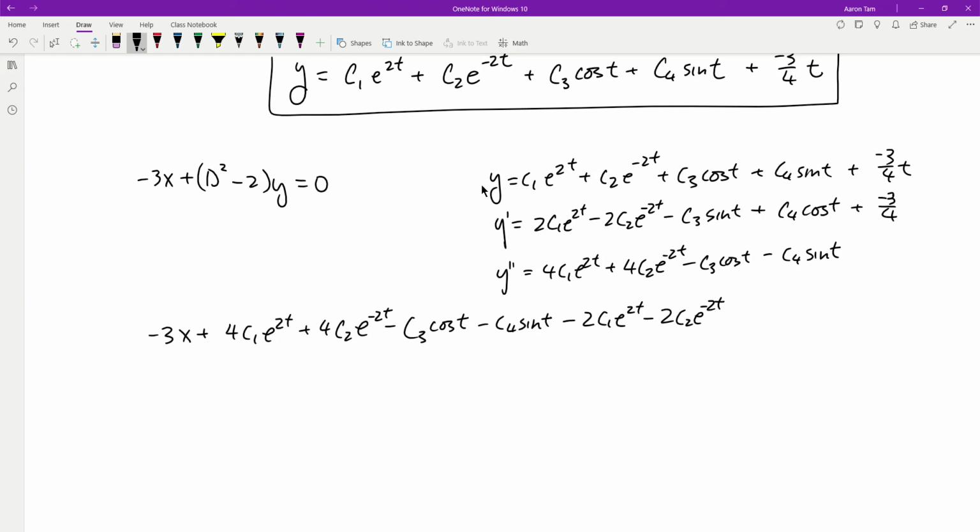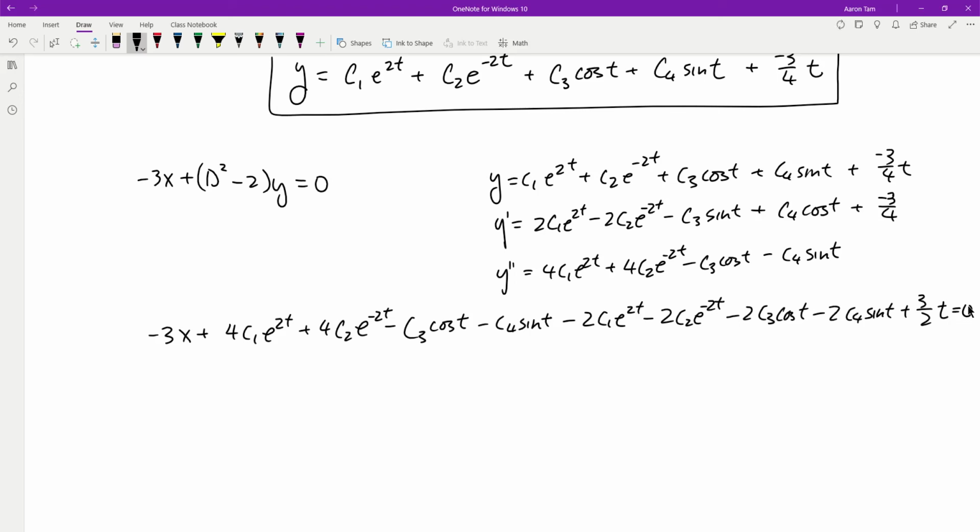Remember, I have to distribute negative 2 to y. Minus 2c3 cosine t minus 2c4 sine t plus 3 over 2 t equal to 0.